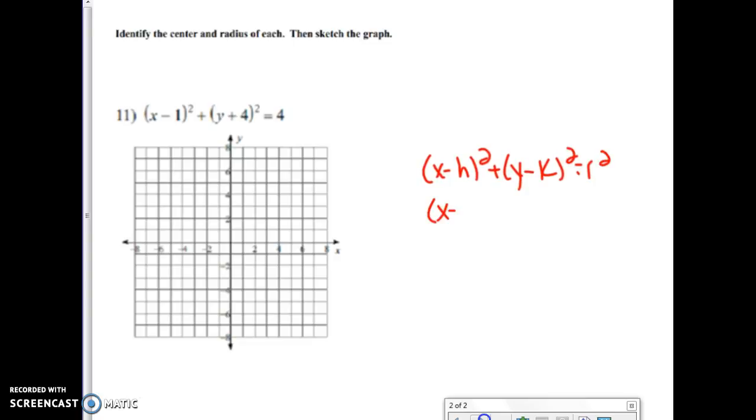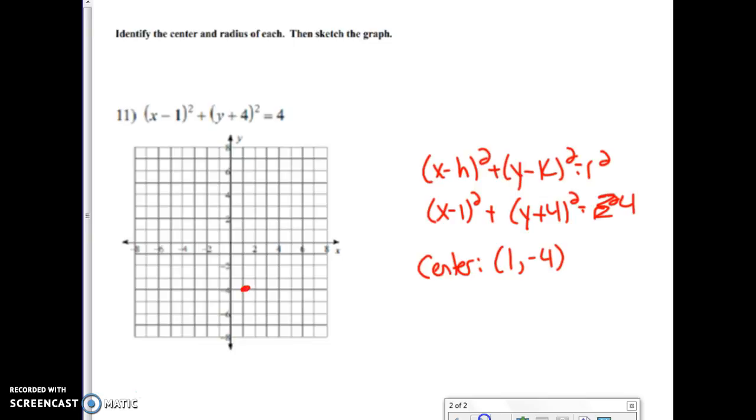So I have (x − 1)² + (y + 4)² = 4. So my center is going to be 1 for h, because the h and the 1 are in the same spot. Then I have a plus 4, which means it's going to have to be a negative 4 for k. So I'm going to plot a point at (1, −4).